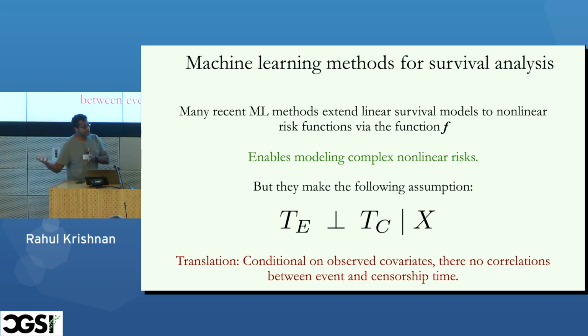But as Rajesh mentioned, they make the implicit assumption that the event and censoring time are conditionally independent given the covariates. So what does that mean? Simply put, it says that if I were to tell you what the covariates of the patients are, then it's as if someone were flipping a coin to decide when in the patient's journey they might be censored, which is to say that there's no correlation between the time that a patient is censored and the time that an event happens.